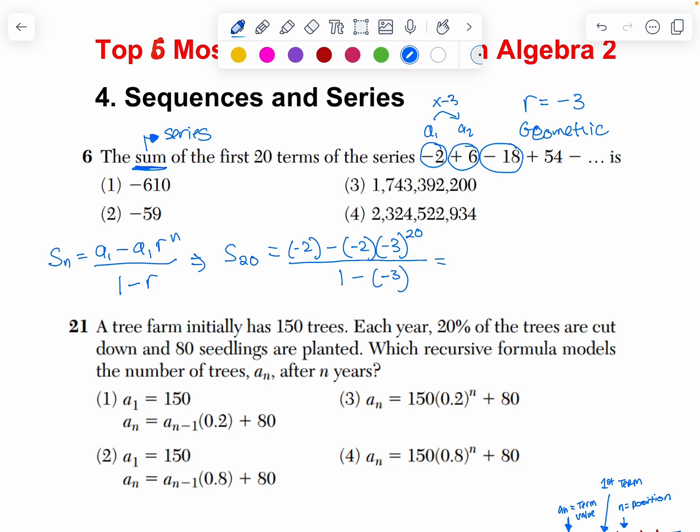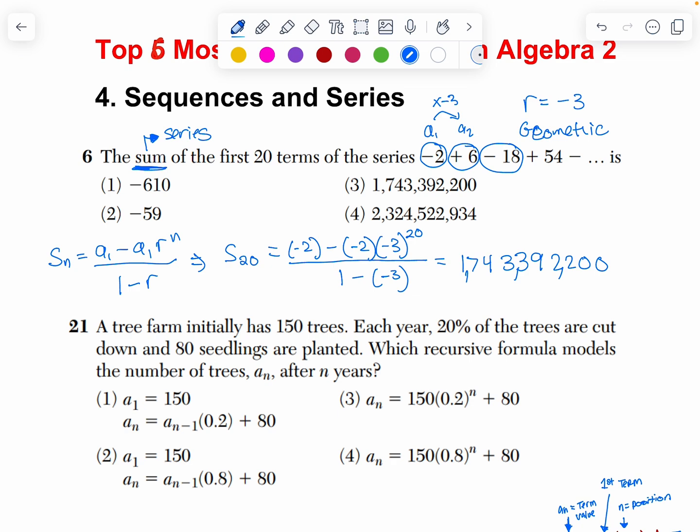So the value that I get here is 1,743,392,200, which is, if we count off threes, 1,743,392,200. Okay.